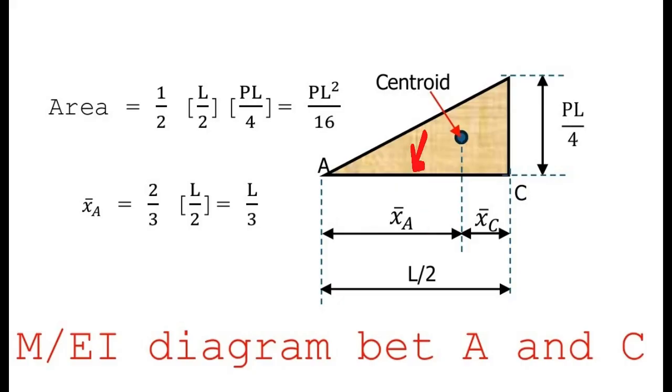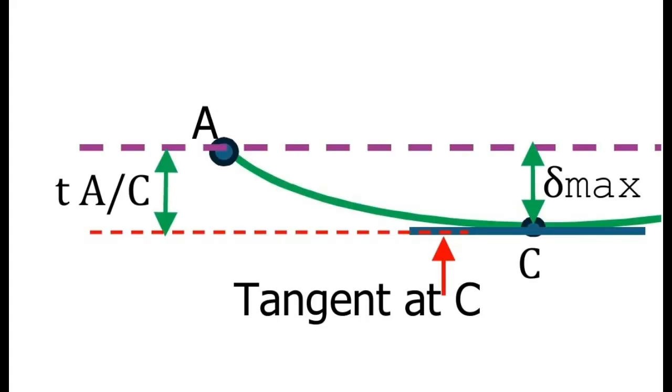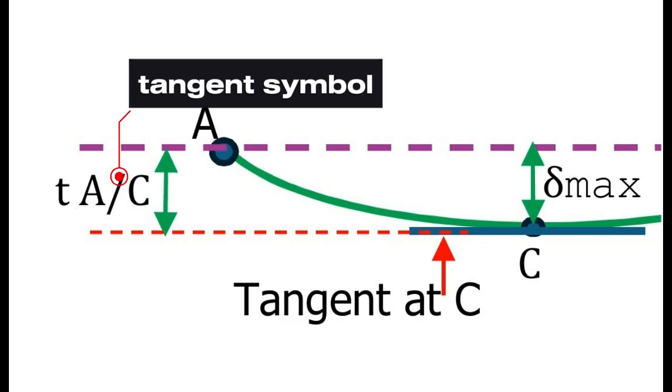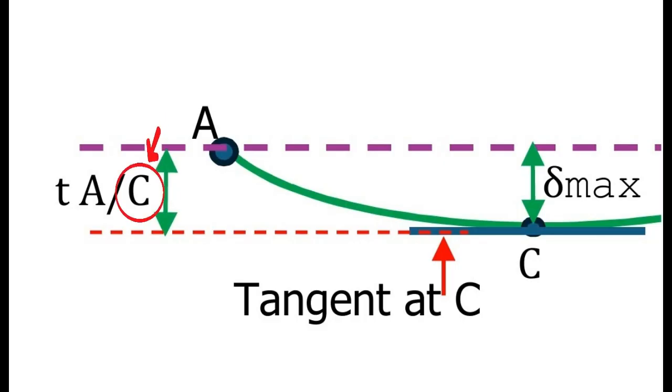Therefore, the distance should be measured from the center of the area to point A, not from the center to point C. These distances are vastly different from each other, which will lead to mistakes if we do not pay proper attention. To avoid mistakes, it is usual to write first the point where deviation is being considered, which is point A in this example, the tangent symbol, and the point where the tangent is drawn, point C in this example.